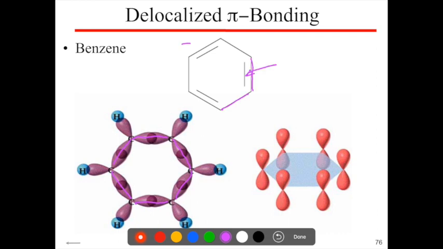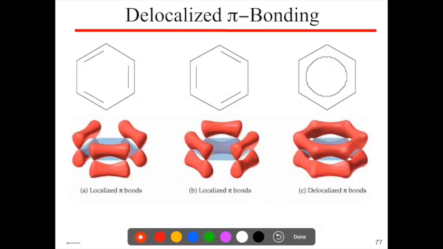The second line are the bonds between the pi bonds, and so in one case they could be shared here and here, and they could be shared there and there. But just as easily, they could be shared there and there, and here and here. Which one is happening? In actual cases, they are happening all at the same time.